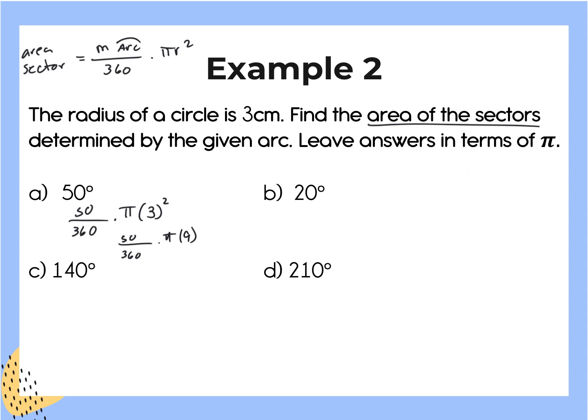The 9 and the 360 cross simplify. So I will be left with 5 over 4 pi. Again, this is without a calculator. The zeros also cancel out. And because it's area, it's centimeters squared.